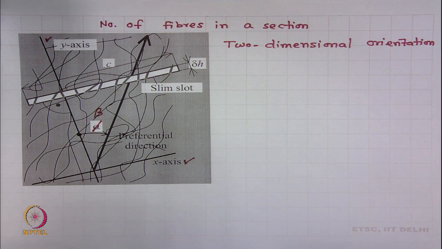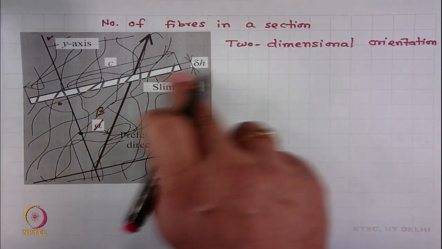Then additionally we see that there is a very thin, very slim slot which is perpendicular to y axis.